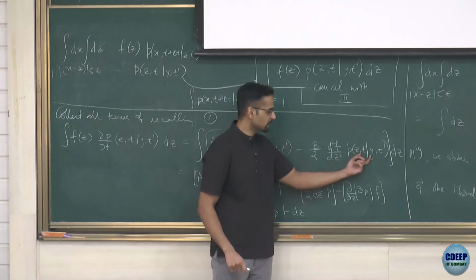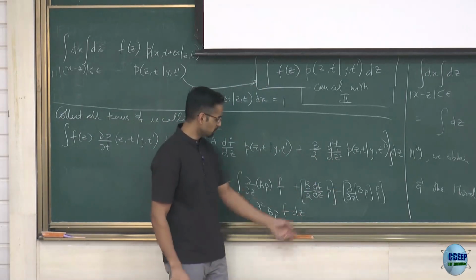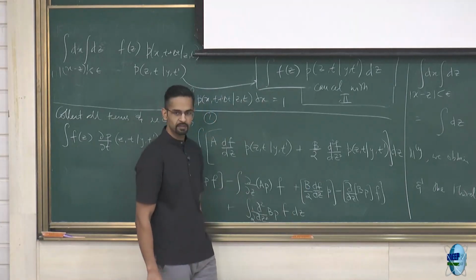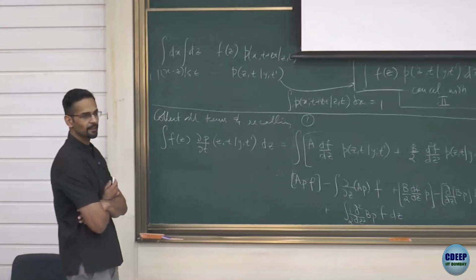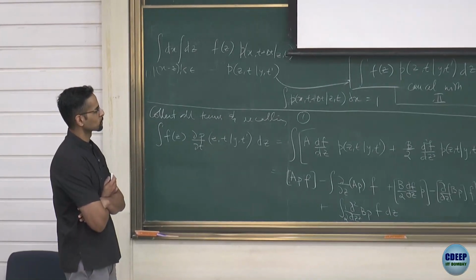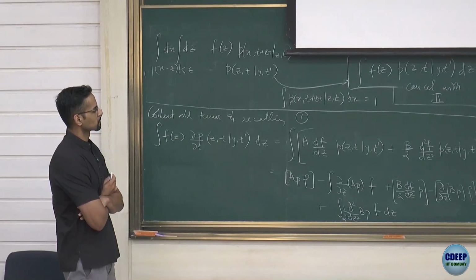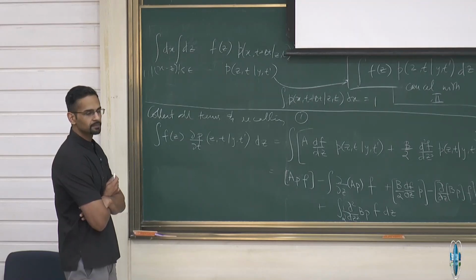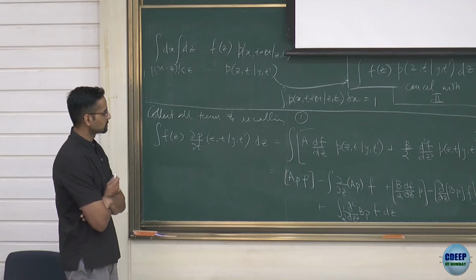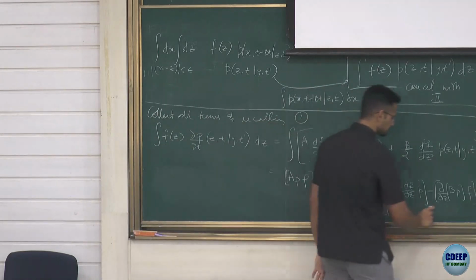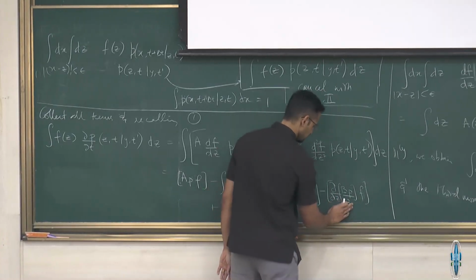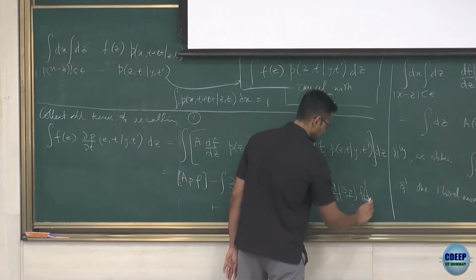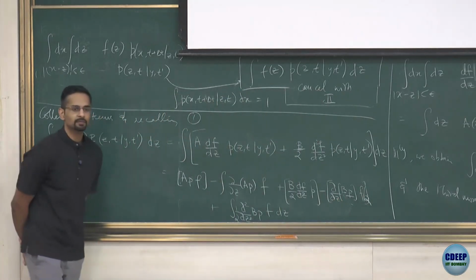So the first time you will get dp/dz, then you do it again, you will get only p, second derivative, and then f. Correct. Okay, by 2. Okay.